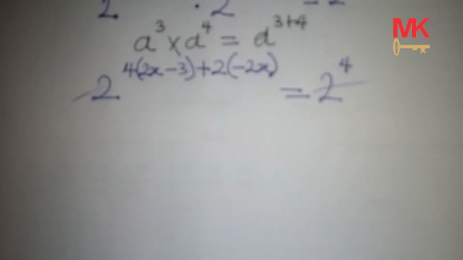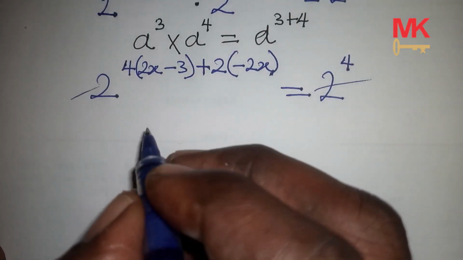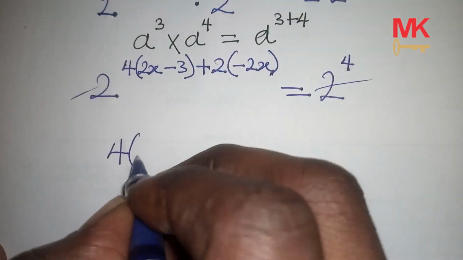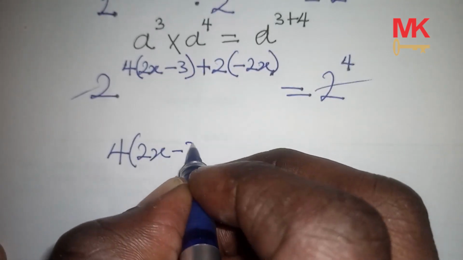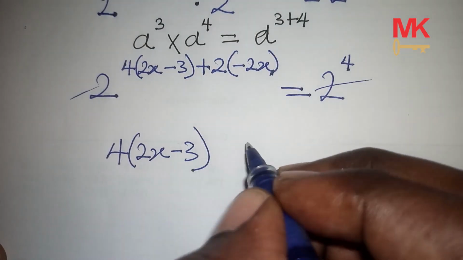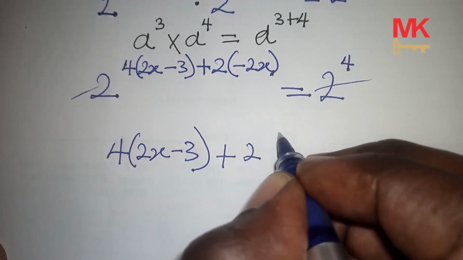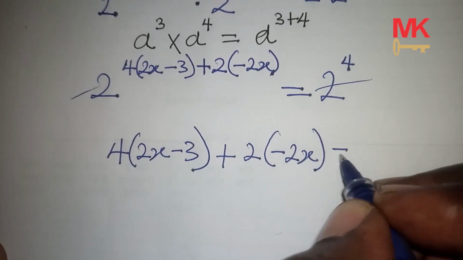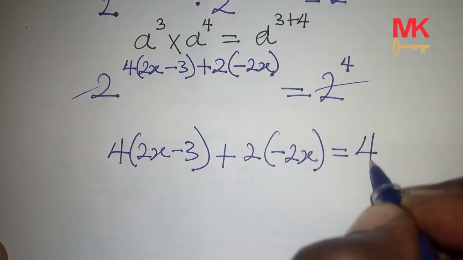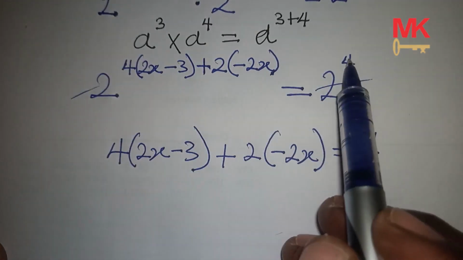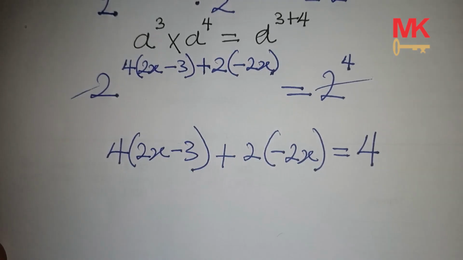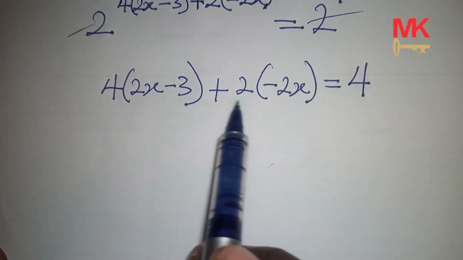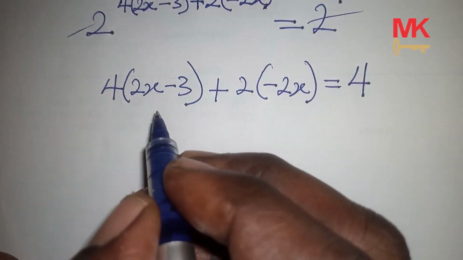So we get 2x minus 3, close your bracket, plus 2, open bracket, minus 2x, close bracket, equal to 4. That's the exponent is equal to this now. At this point in time, we can now clear the bracket and solve for x.